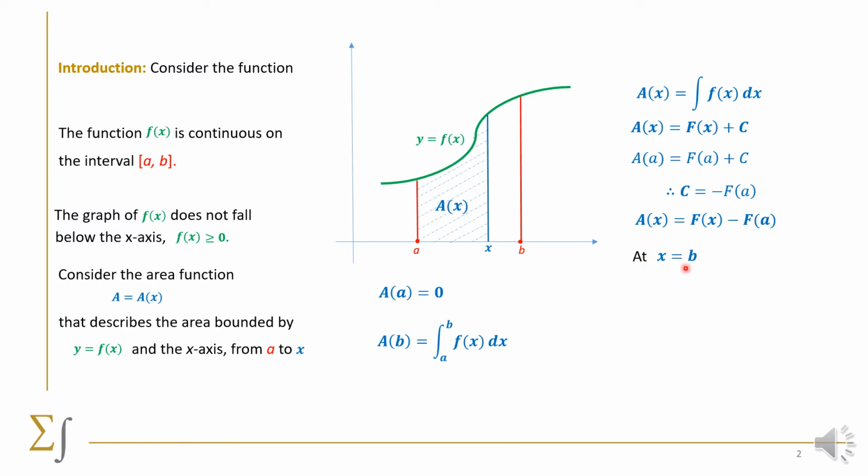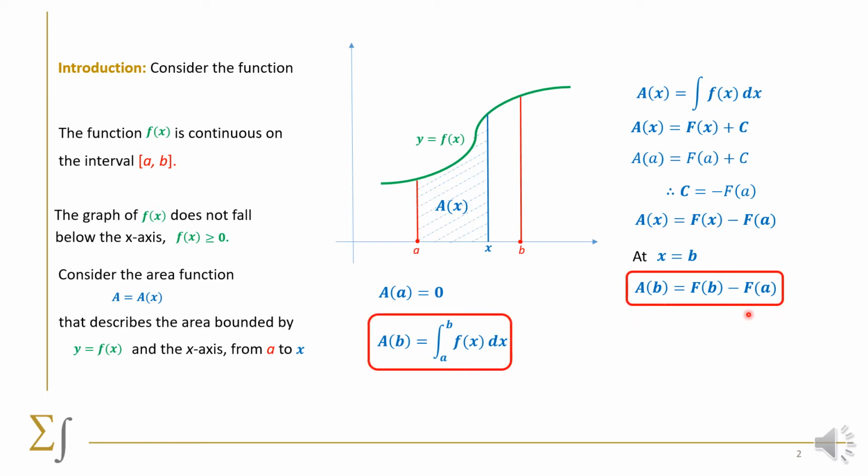Okay, if I take x equals b and plug it in this equation, I get A of b equals F of b minus F of a. But from this equation and this one here, we can rewrite this formula, replacing A of b with this integral. So from 1 and 2, we have the integral from a to b of f of x dx is equal to F of b minus F of a.